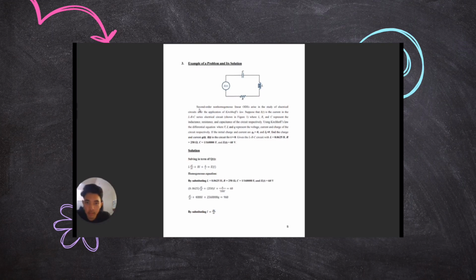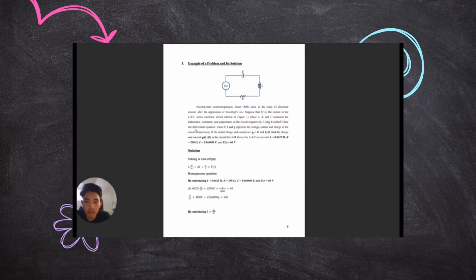This question is about second order non-homogeneous linear ODEs, which arise in the study of electrical circuits after the application of Kirchhoff's law. Suppose that I(t) is the current in the LRC series electrical circuit shown in figure 1, where L, R, and C represent the inductance, resistance, and capacitance of the circuit respectively.